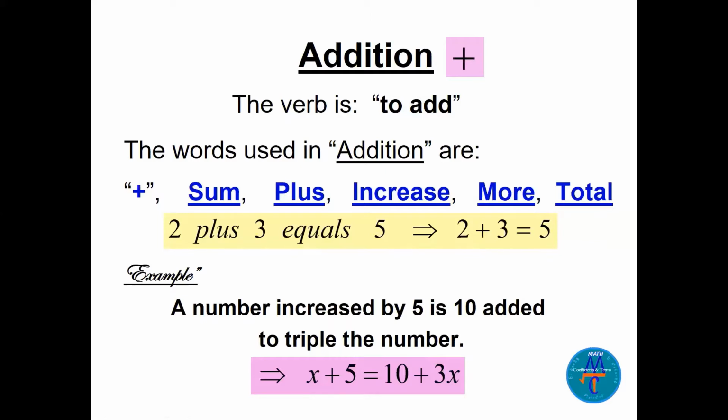Is, when you see the word is here, directly we go to equal. Is means equal when you translate it. 10, so just write 10. Added, 10 plus, triple the same number here. Triple the X, 3 times X. So X plus 5 is equal to 10 plus 3x. That's an equation. Now in English we say a number increased by 5 is 10 added to triple the number.